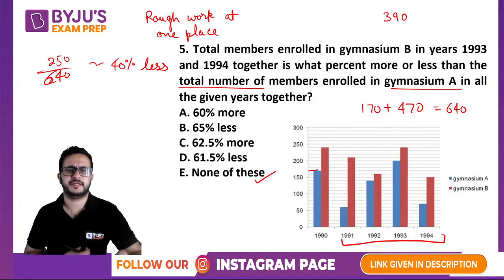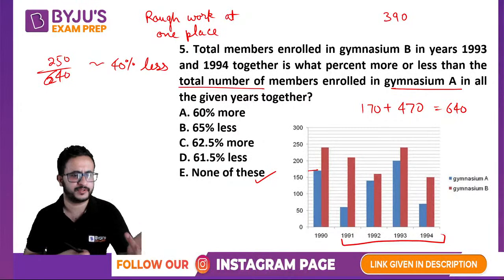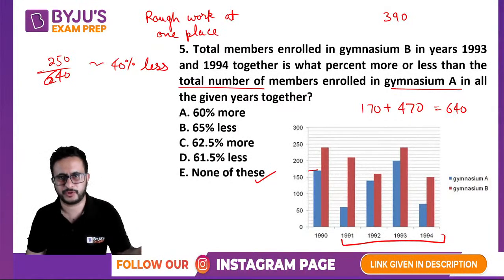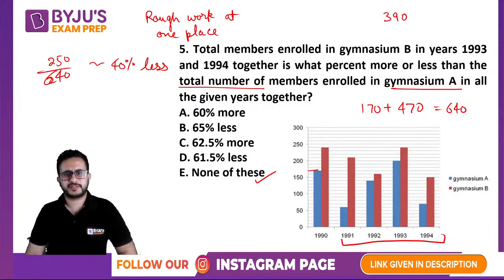Okay, so I think they intended to ask, or I don't know if they intended to ask, what percent off, because all options have been given close to 60%, right?